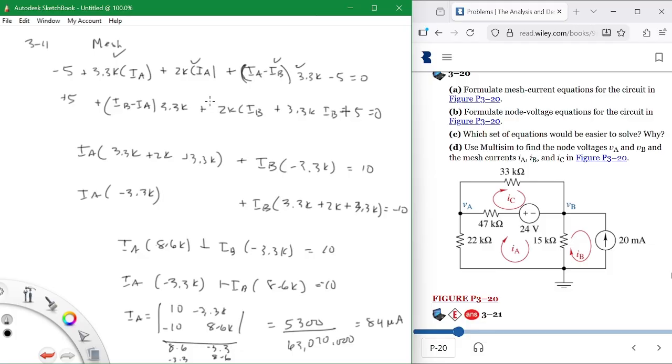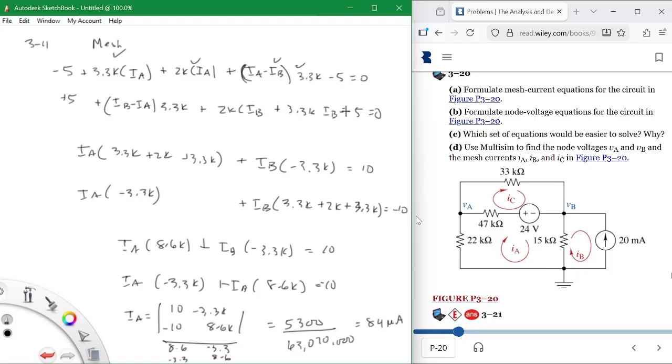Okay, now you get into a situation where you do loop equations, but IB is by definition 20 milliamps. You see that? So you don't have to write an equation for IB because IB is minus 20 milliamps. When you write IB, instead of writing IB, just write minus 20 milliamps.